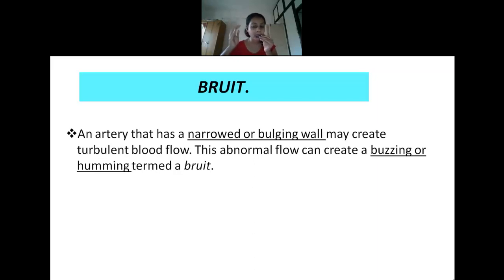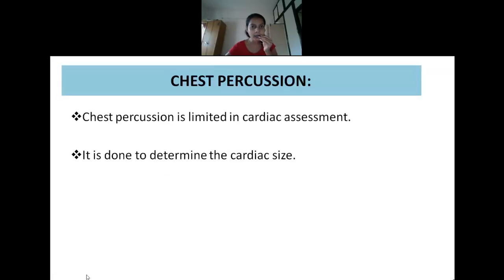Turbulence will be high. Similarly here, when there is narrowing of the artery, there is increased flow of the blood there. So that will create a buzzing or humming sound. That buzzing or humming is called a bruit. Remember that. That is a term.